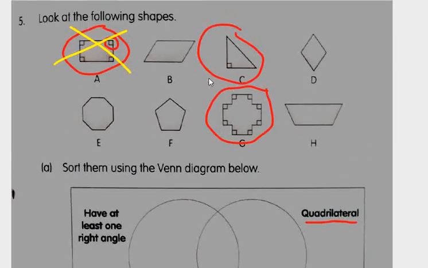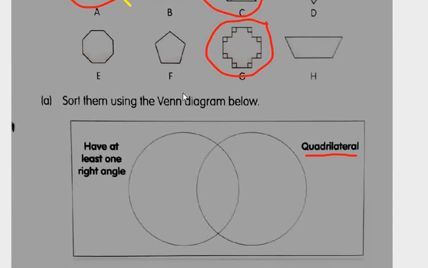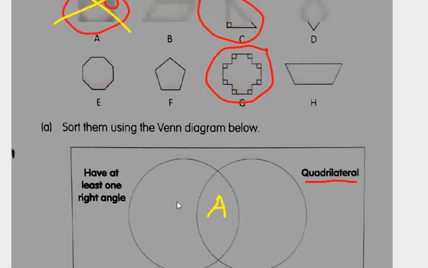So the shapes that have 2 marks, both marks, have to be included in the combined part, because they belong to the two categories.